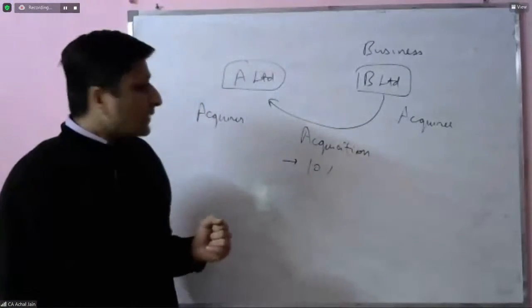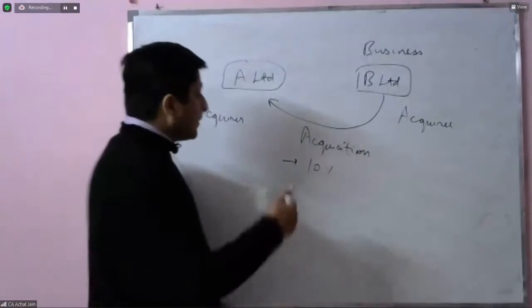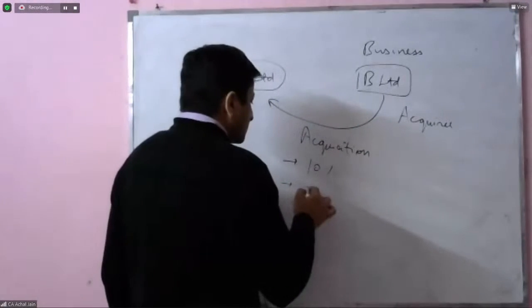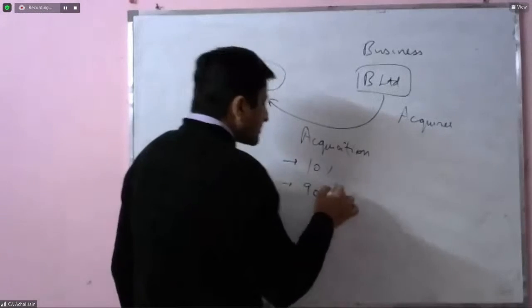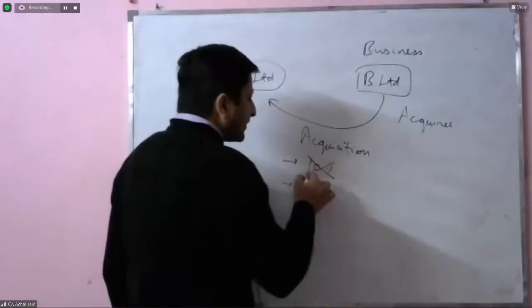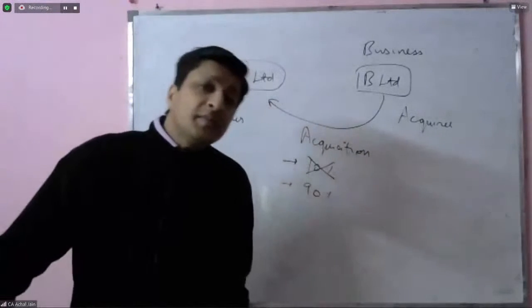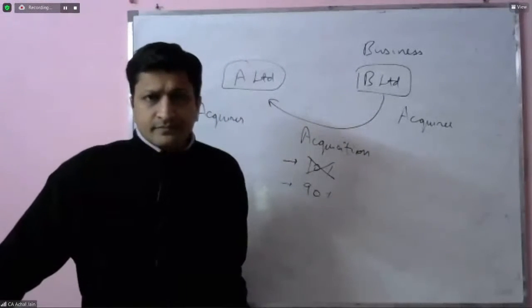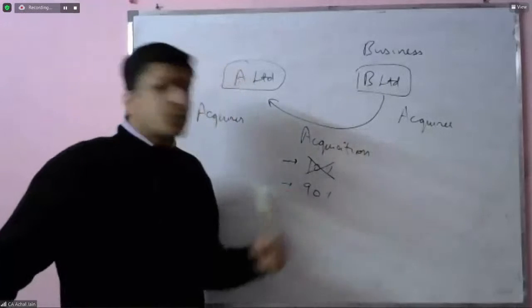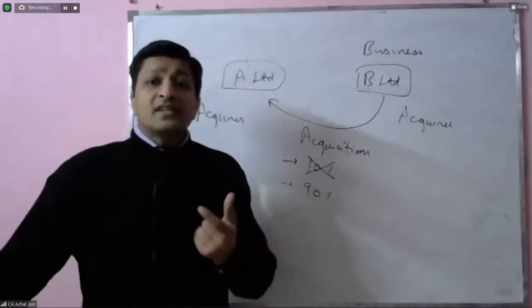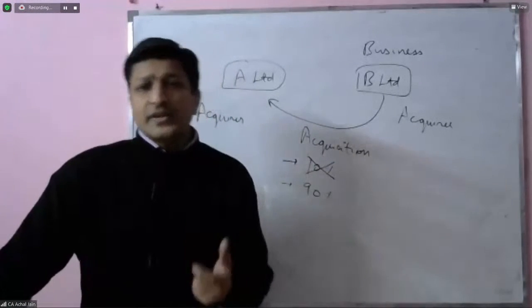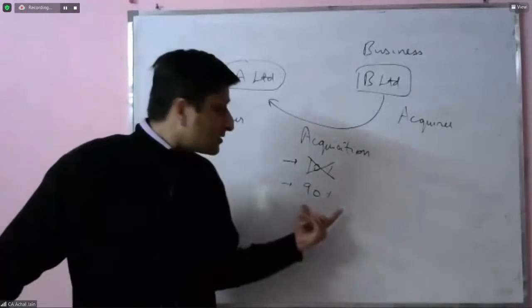Number two option. A Limited acquires 90% shares of B Limited. Let's suppose instead of 10, A Limited acquires 90% equity shares of B Limited. Now, in this situation, the stake acquired is significant.